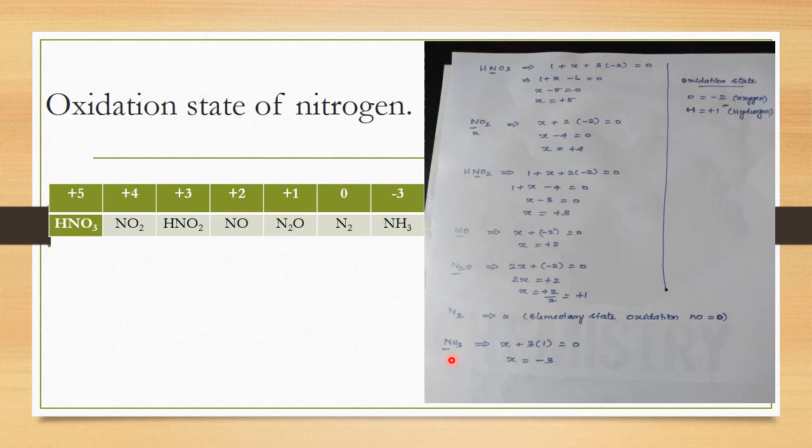And for ammonia, N I have underlined, X plus 3 hydrogen, its oxidation number +1, so 3 into 1 equal to 0, X is equal to -3. So here already they had mentioned, when it acts as an oxidizing agent, the oxidation number of nitrogen is getting reduced, that is +5 to +3, +4, +2, +1, 0, -3, etc.